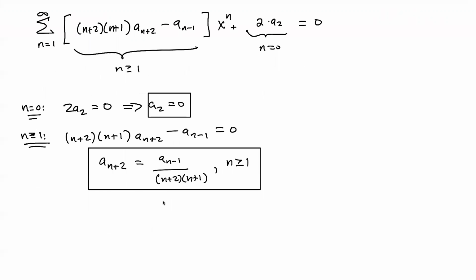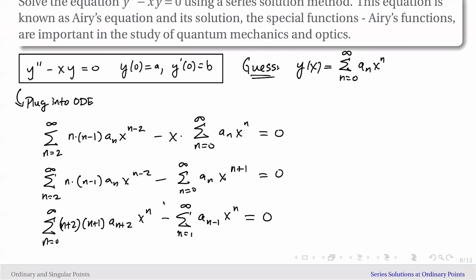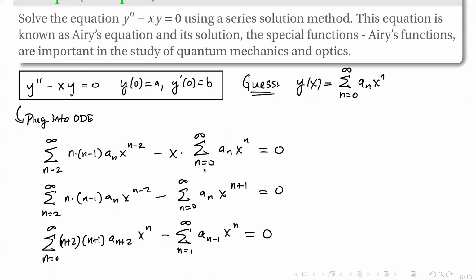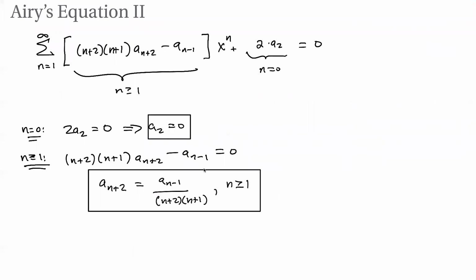Remember I said that y at 0 equals a naught, which is going to be A, and a1 is going to be B. So in addition to this, we know that a naught is A, and a1 is B.